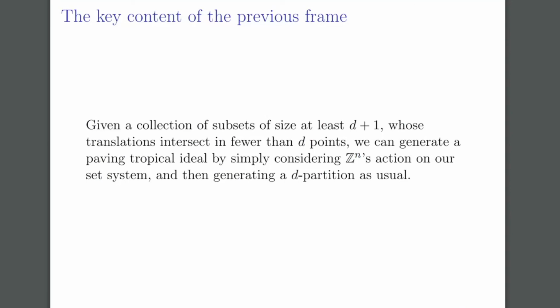Then we can generate a paving tropical ideal just by considering Z^n's action on the set system and filling in the d-partition as usual, because d-partitions are very nice like that. Does that make sense? I'm going to close my set system under Z^n's action, and then I'm going to fill in all of the d-subsets of Z^n that don't appear within a block that's been translated. So that's all we're going to do. Is that clear?